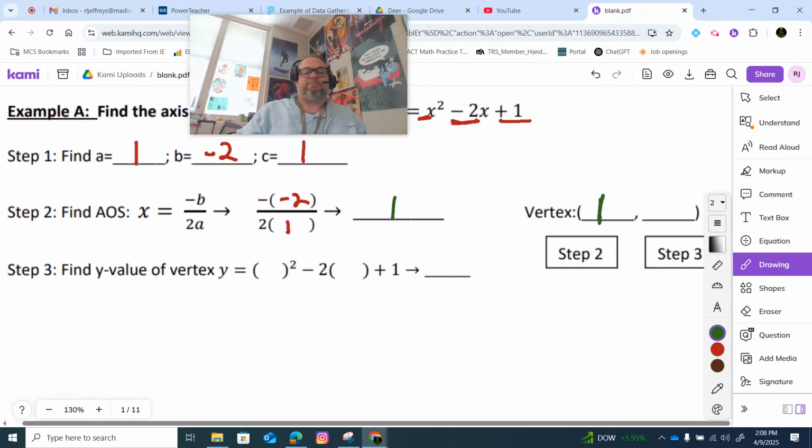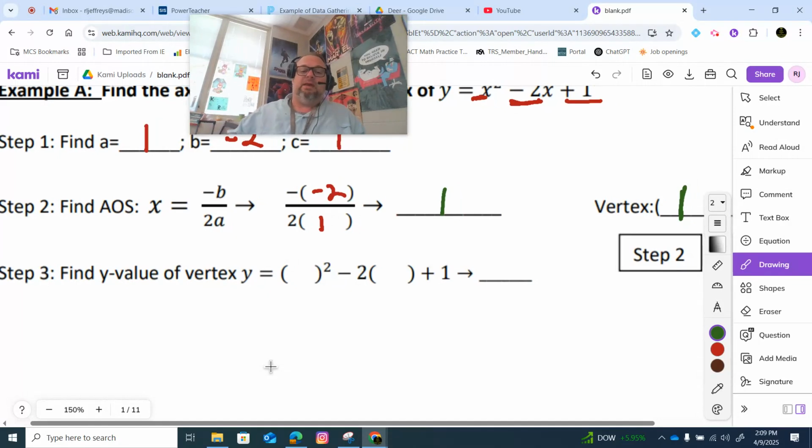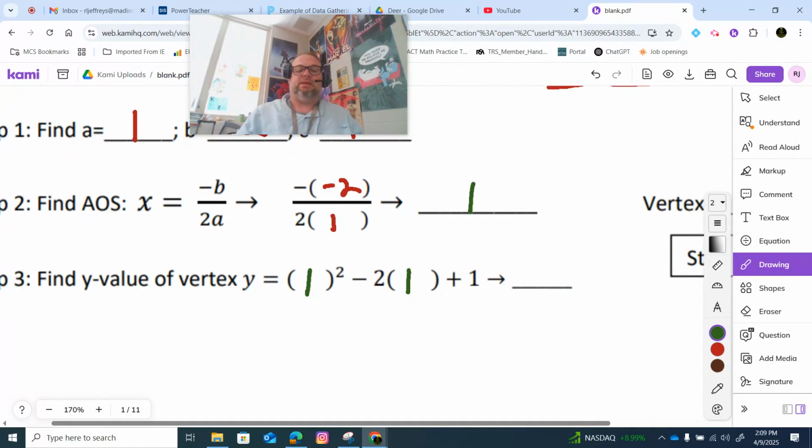Now, to find the Y value for our vertex, we're going to plug in 1 everywhere we see X. Now, you're not actually going to type in Y equals this.